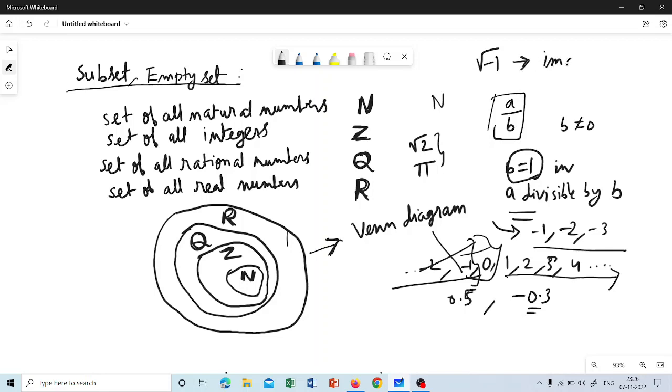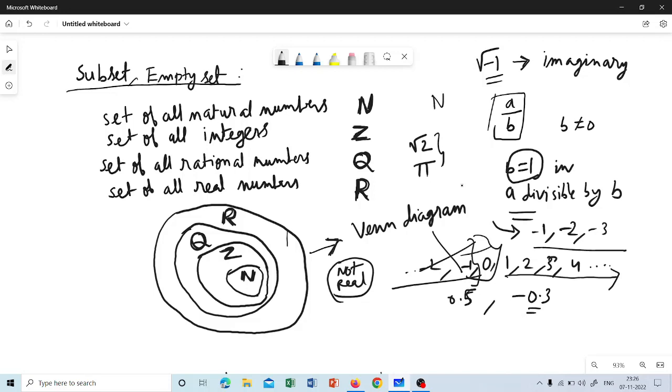We don't know the value of the square root of minus 1. Square roots of negative numbers are not real numbers, so that is a different thing. They will come separately; these are imaginary numbers or complex numbers.